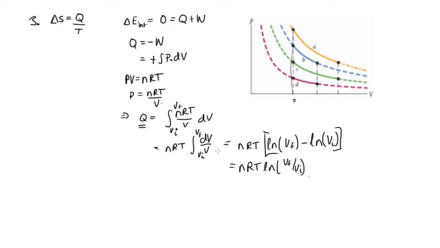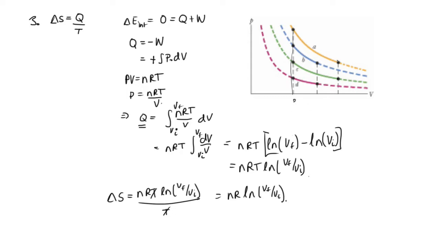we can substitute this in. So we've got delta S is equal to nRT log V final on V initial. And then this is over T, and these cancel out. So this is nR log V final over V initial. Okay, now for A and C, they have the largest V final.